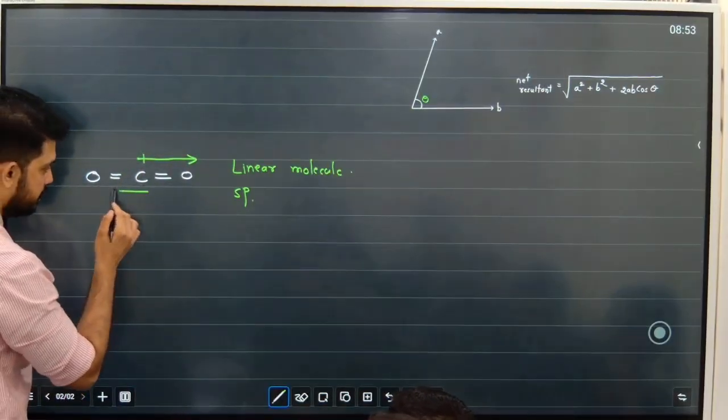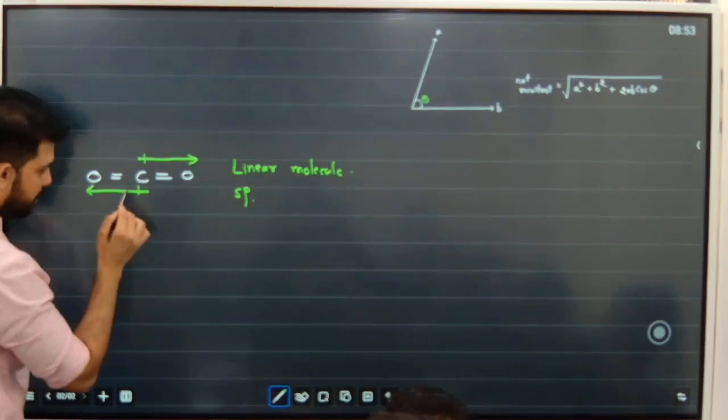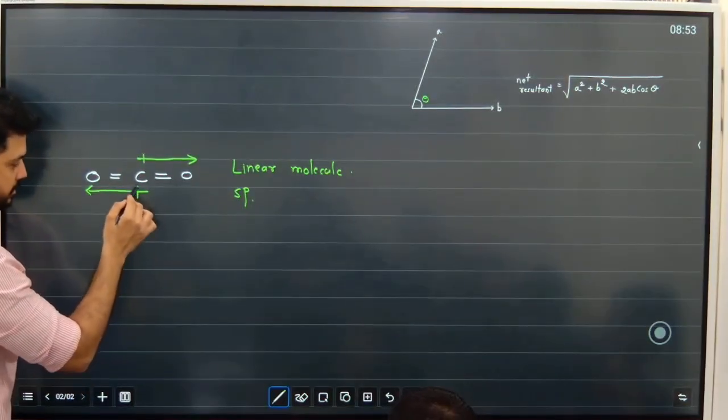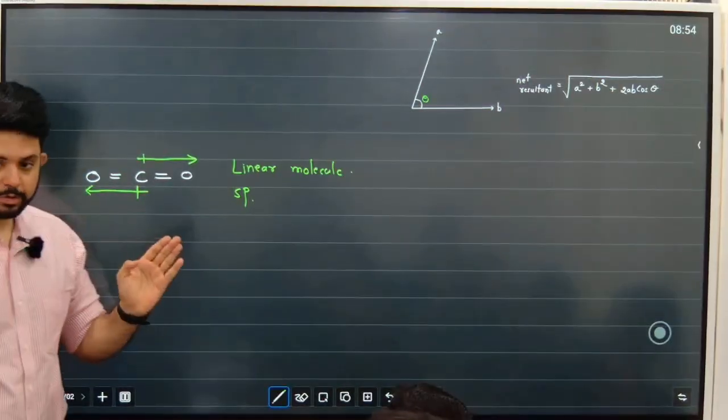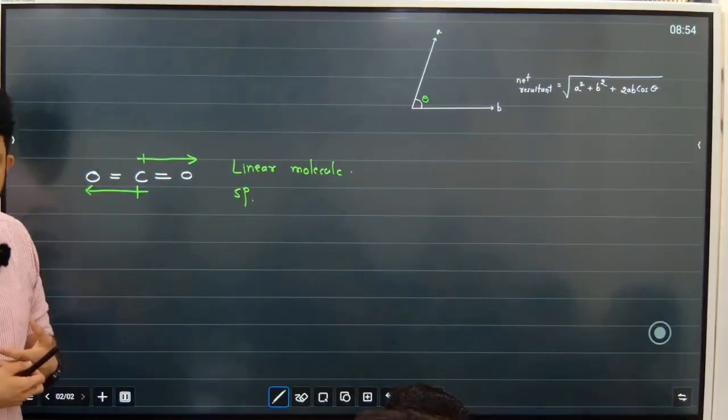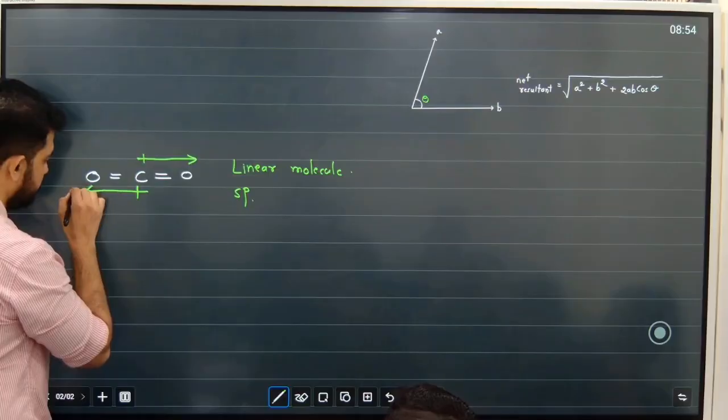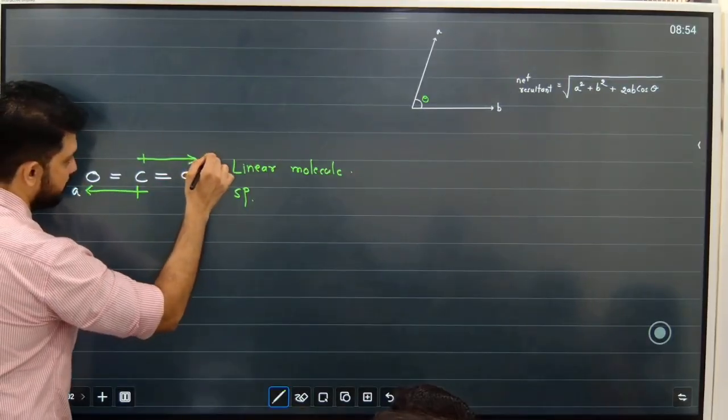Similarly, here the dipole will be in this direction. Both the dipoles have the same magnitude. So if I say the magnitude of this is A, the magnitude of this is also A.